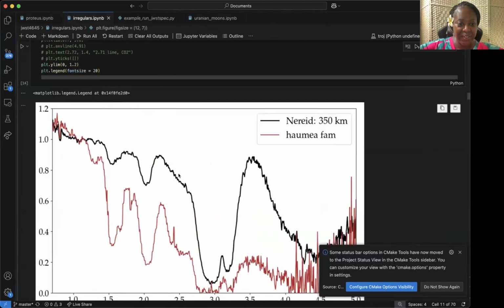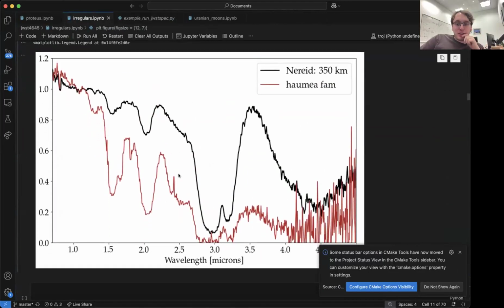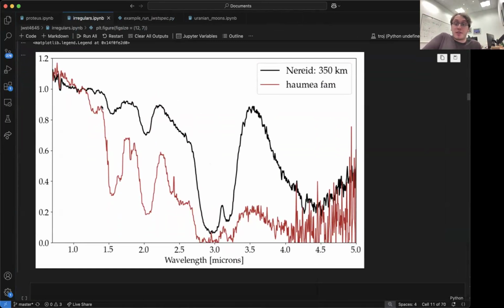Yes. So here's a spectrum that I got from James Webb a month ago or so. It is the spectrum of Nereid, which is an irregular satellite of Neptune. And you see features of very abundant water ice, which is at 1.5 microns here.